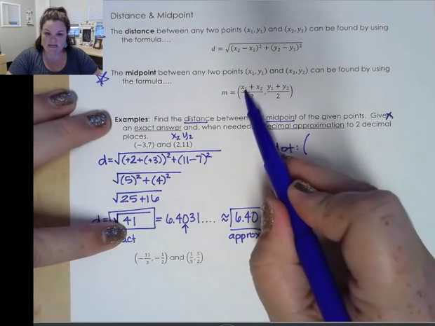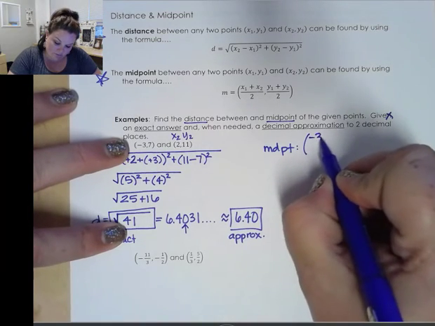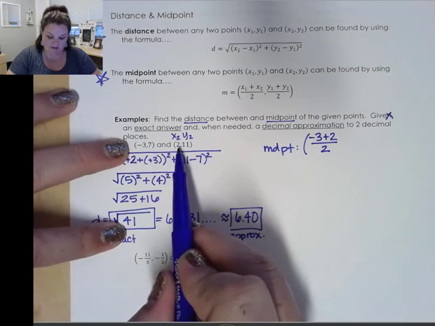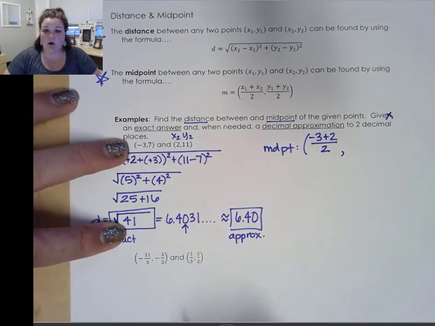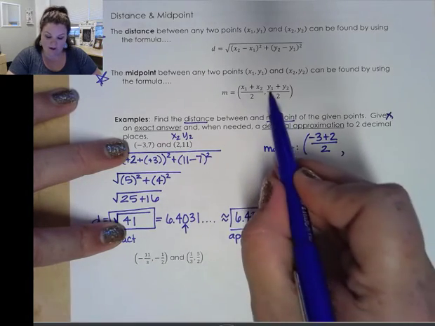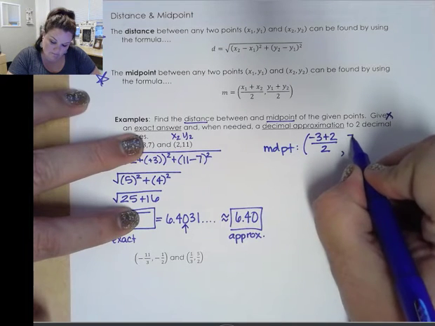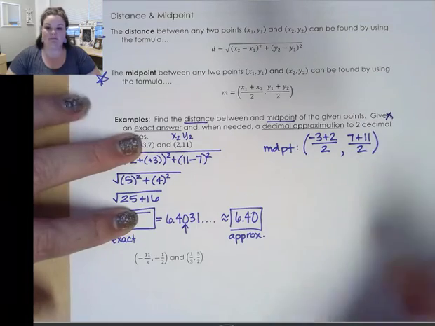So when I do my first x plus my second x, my first x is -3 plus my second x, which is 2, and then I'm going to divide it by 2, and then I do my y's. So I do y1 plus y2, so my first y is 7, plus my second y, which is 11, and I divide that by 2.